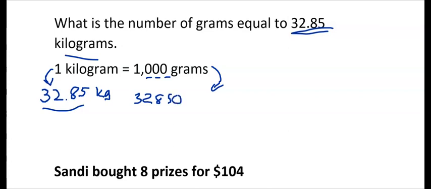Or if you take 1,000 times 32.85 and put it into a calculator, you're going to get this number, which means you're just going to have to put the comma right there, and that's going to be grams. So 1 kilogram converted to 32.85 kilograms is going to take 1,000 grams and convert it to 32,850 grams.